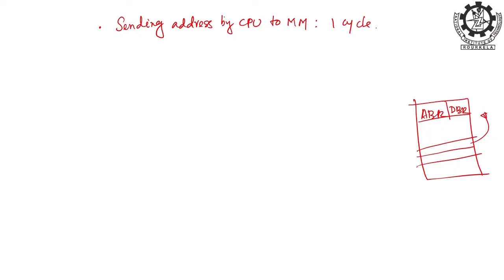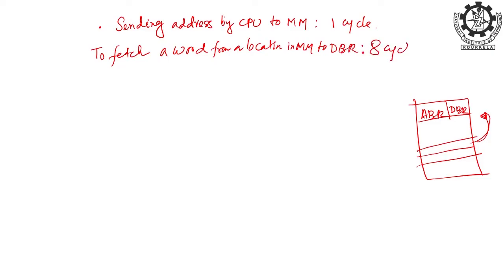It is assumed that for fetching the first word within a memory module, it takes 8 cycles. So, to retrieve the first word from the memory module to the DBR, it takes 8 clock cycles. Next, a consecutive word within a module takes half of the earlier time. If the first takes 8 cycles, the next, because it is in the next location, takes less time.